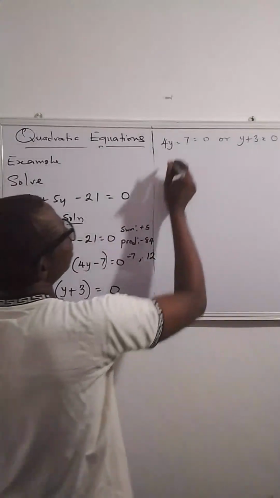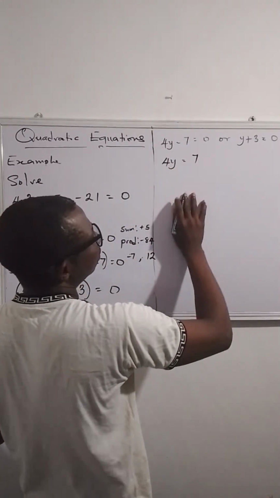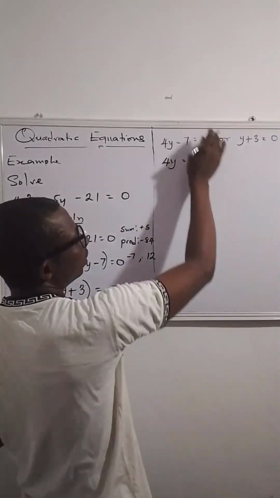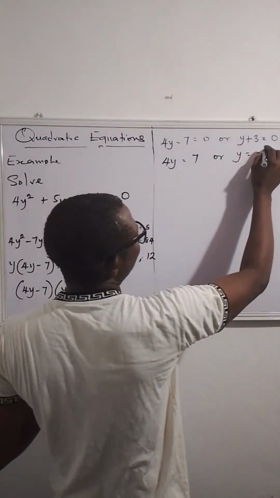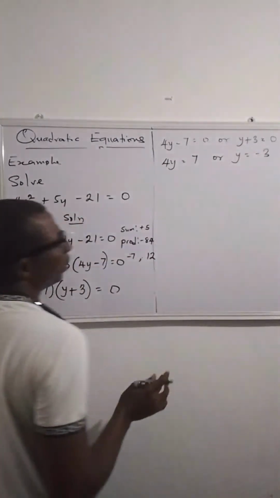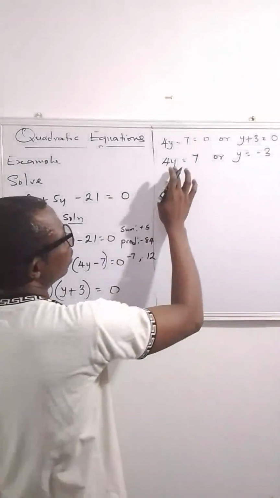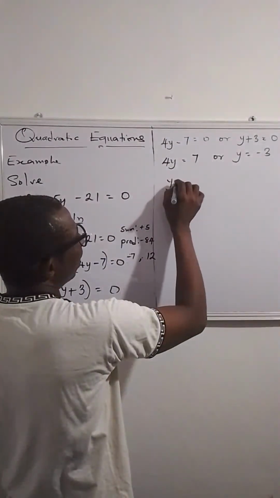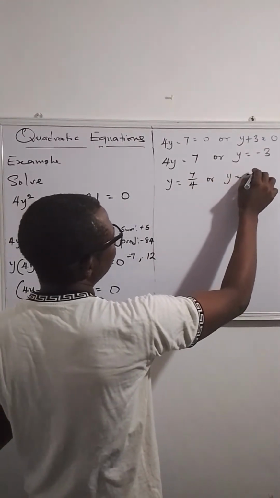So if you do that, we have 4y equals 7, or y equals minus 3. So here you can divide both sides by 4. So you have y equals 7 over 4, or y equals minus 3.